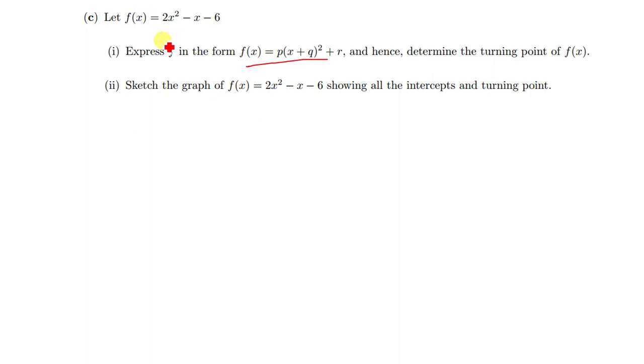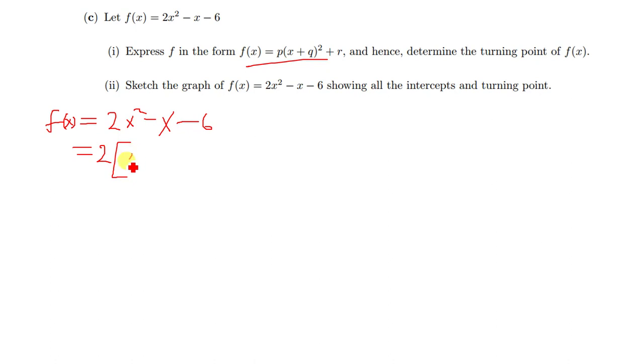So f of x is equal to 2x squared minus x minus 6. Here what you do is you factor out the 2.